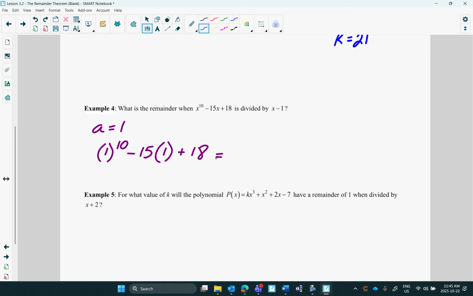So 1 to the 10, 1 minus 15 plus 18 gives me a final remainder of 4. So if I would have used that long synthetic division with all the zeros, I would have got 4 at the end. Believe me, this will be helpful when we look at the next step in factoring these things.